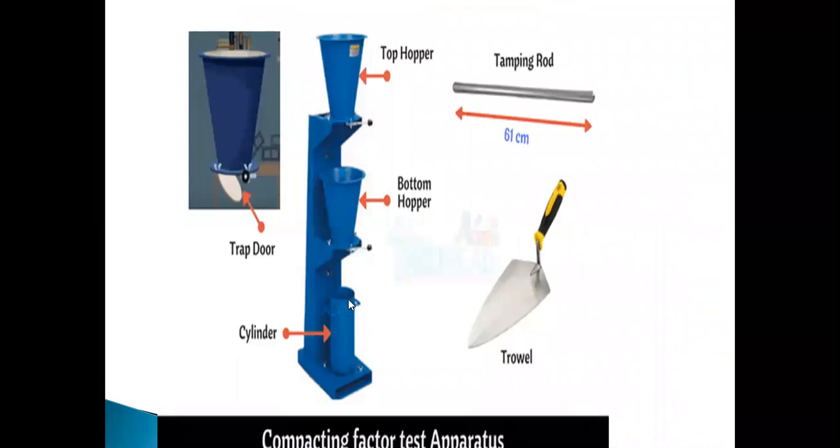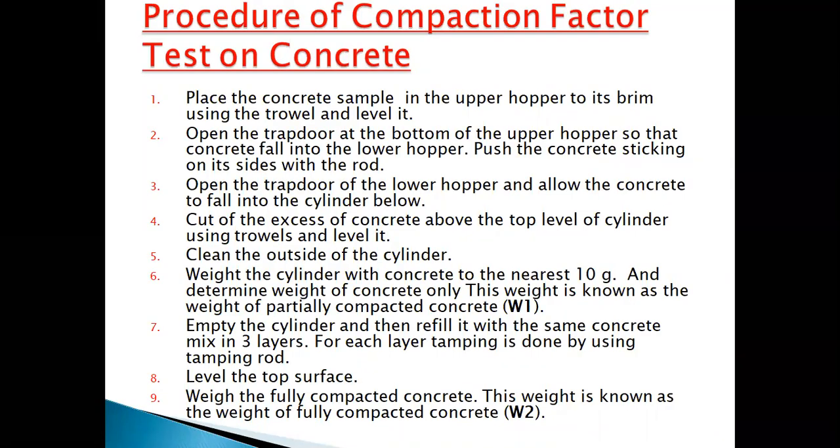So when compaction is done, we weigh the concrete with the cylinder, and by deducting the weight of the cylinder, we get the weight of the fully compacted concrete only. This weight is W2.